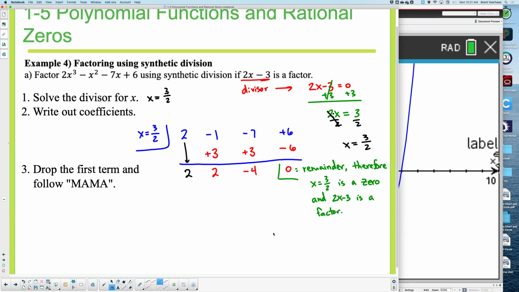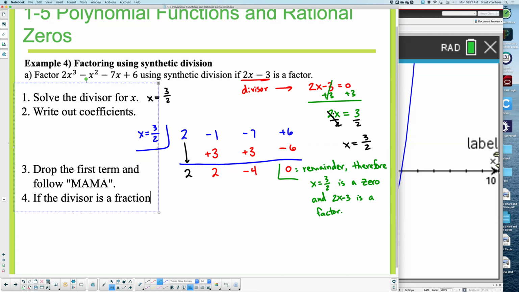Okay, we're not quite done yet. We have one more step here. If the divisor is a fraction, divide the quotient by the denominator.